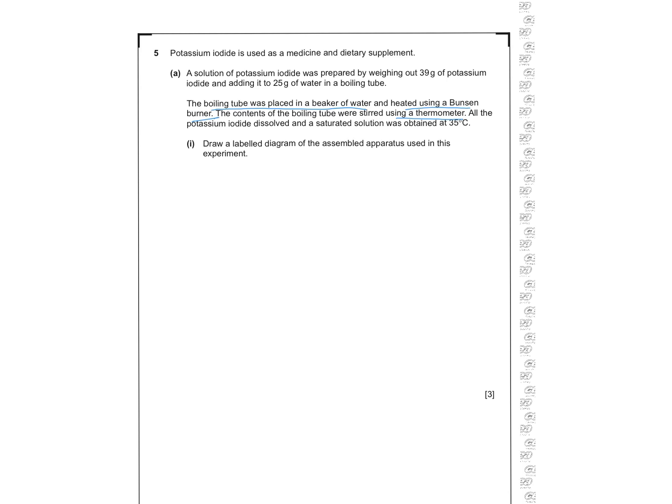Now for part 1, we have to draw a diagram of this. Okay, if we start off with this first bit, boiling tube was placed in a beaker of water. Okay, so there's my boiling tube. And I'm going to draw the beaker. It doesn't have to be a work of art.